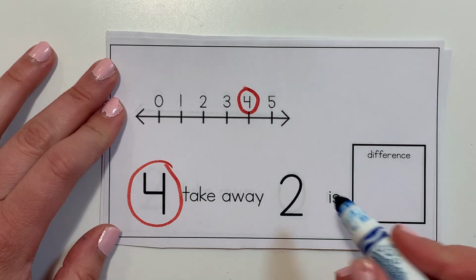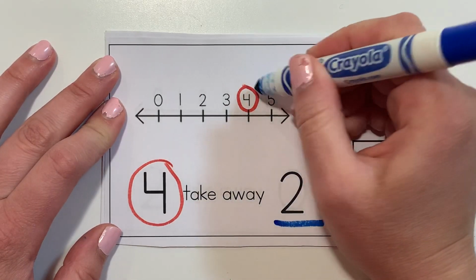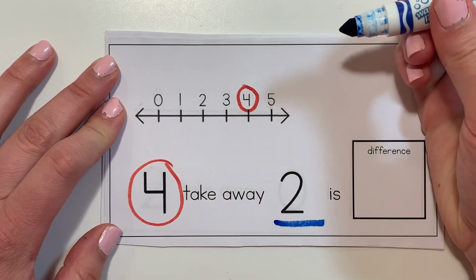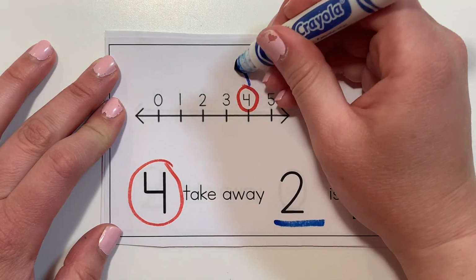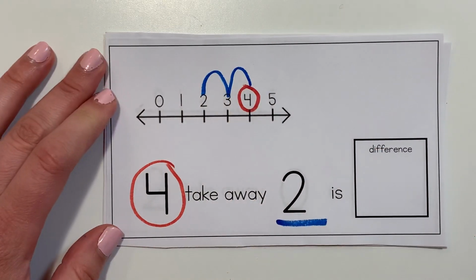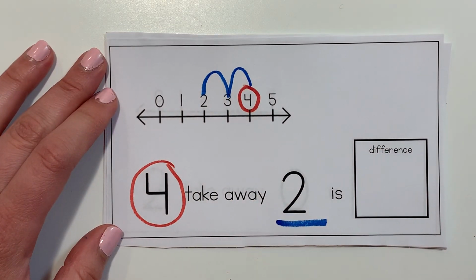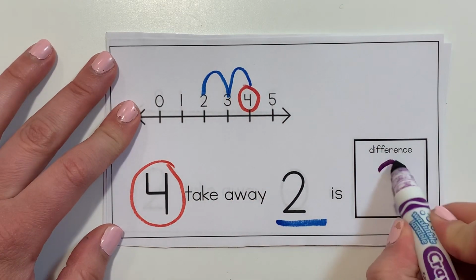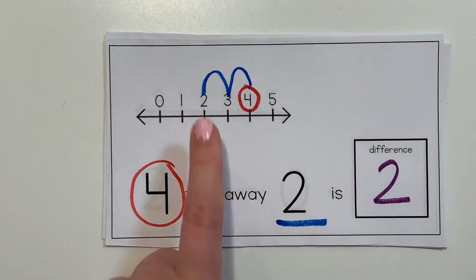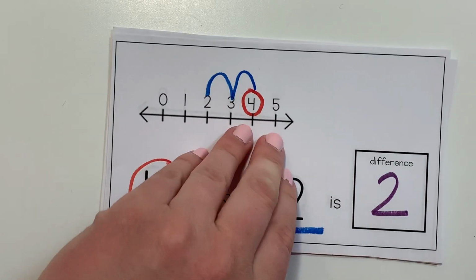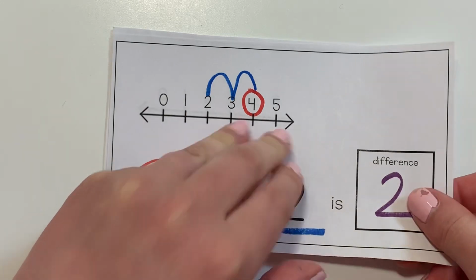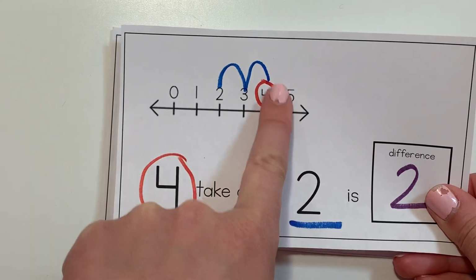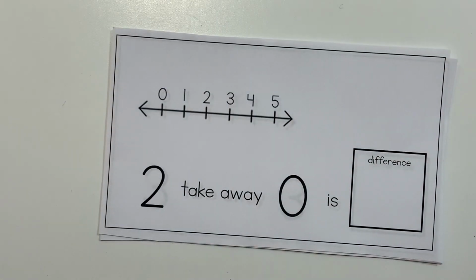Hop backwards the smallest number. So how many times am I going to hop backwards? 2 times. 1, 2. What's the next thing that I have to do? Write my answer. 4 take away 2 is 2. It's very important to show your work, to show your circling and your hopping backwards.